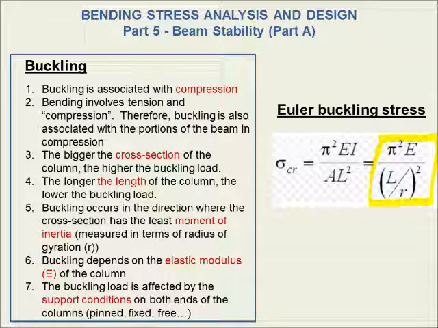A beam in bending is subject to the laws of buckling in so much as a portion of it is in compression. So we can imagine if we have a beam that's long enough, with such a length between the supports and such a length between the lateral bracing, and it has a certain radius of gyration, right?